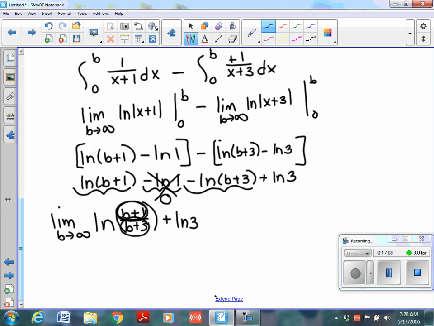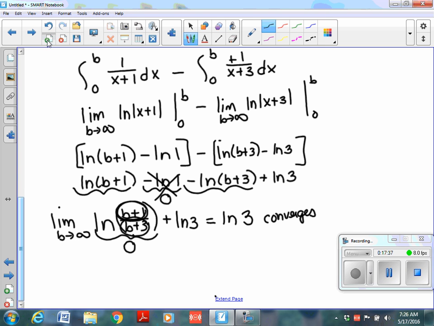So this number is always going to be smaller than this. So that means that this part is getting closer and closer to 0. And 0 plus the natural log of 3 is the natural log of 3, which ends up converging. Converges. I know BC is definitely harder than AB. You might have to take a look at these notes over again.